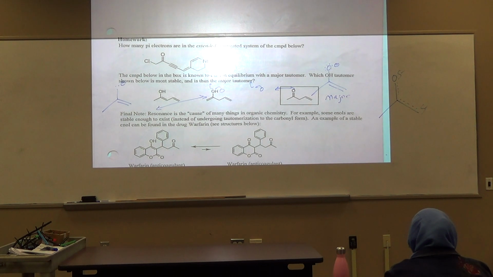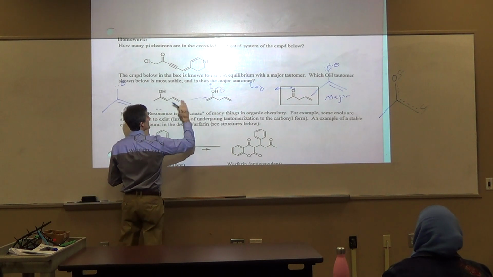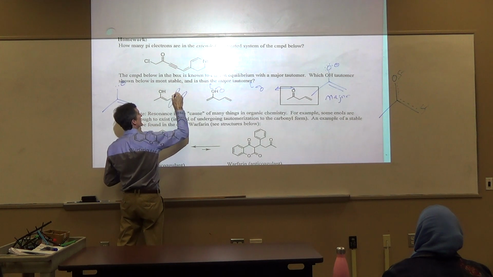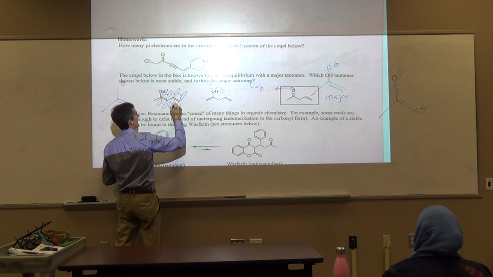6. Your answer is what? 6. The answer is 6. Why are we not seeing that? We need to draw the pi system. You got a pi bond here, everybody agree? 1 pi bond. You got a pi bond here, everybody agree? 1 pi bond. Okay?